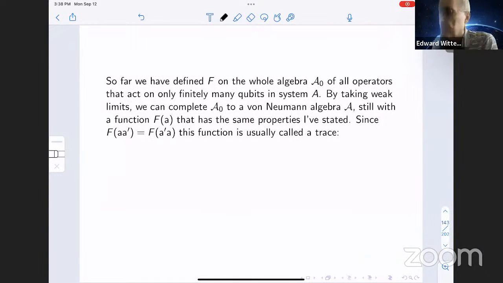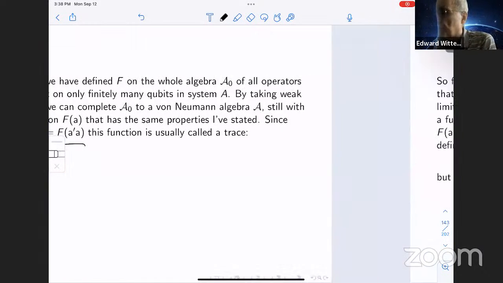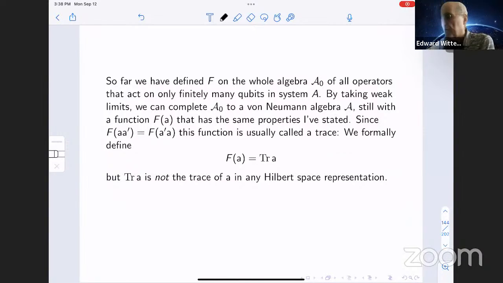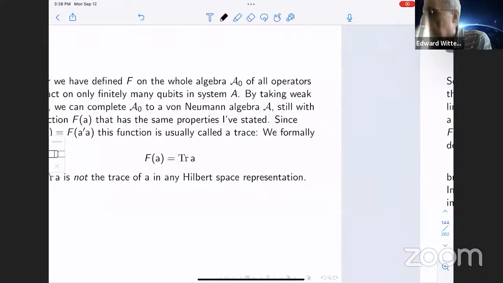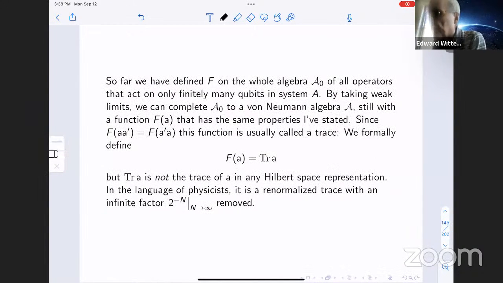And because of this relation, that function is usually called a trace, but it's not the trace in any Hilbert space representation. It's a trace with a factor 2 to the minus n removed. So it's 2 to the minus n times a trace.